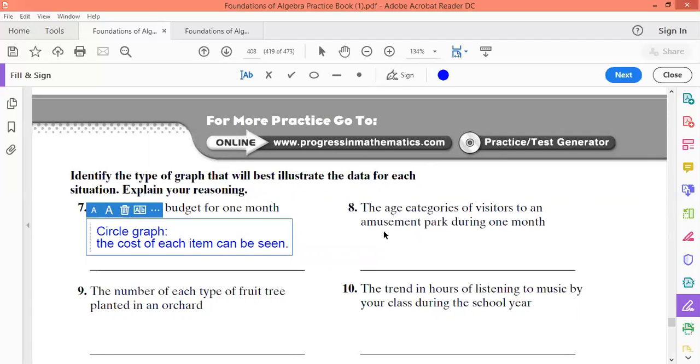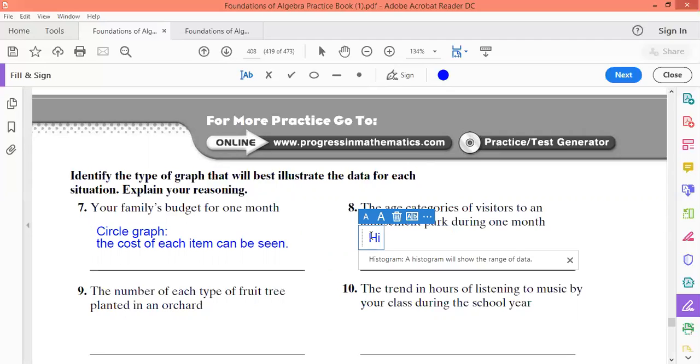Next one. The age categories of visitors to an amusement park during 1 month. The ages show ranges. When it's ranges, it shows frequency, so you can say histogram. A histogram will show the range of the data.